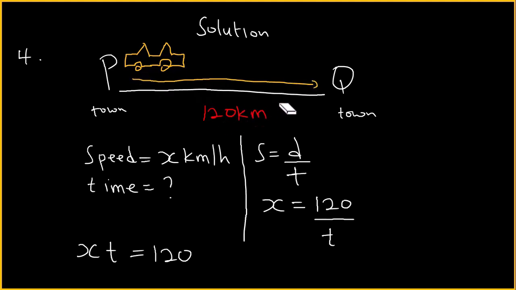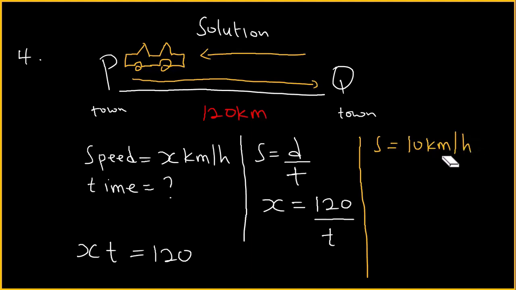So on his return, which was moving backward from Q to P, the second stage, on his return, he drove at another speed, which is 10 kilometers per hour slower.